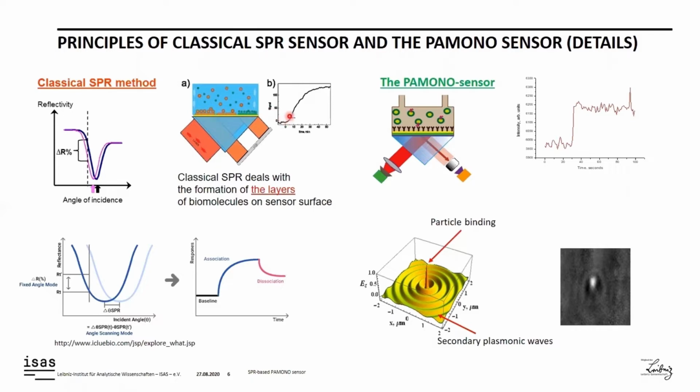The intensity increased upon formation of films of biomolecules on the sensor surface. So they were not able to detect the binding of individual nanoparticles, such as viruses, virus-like particles, or extracellular vesicles.